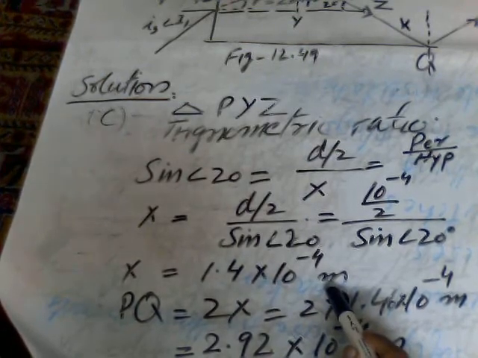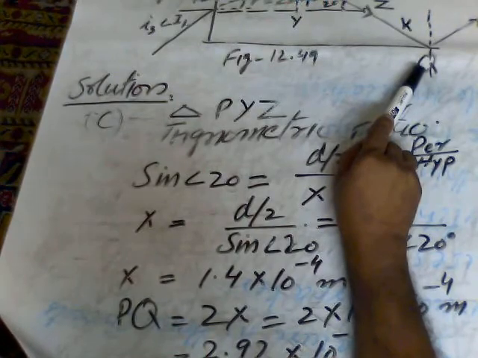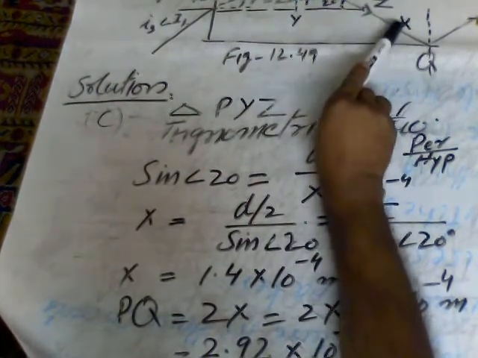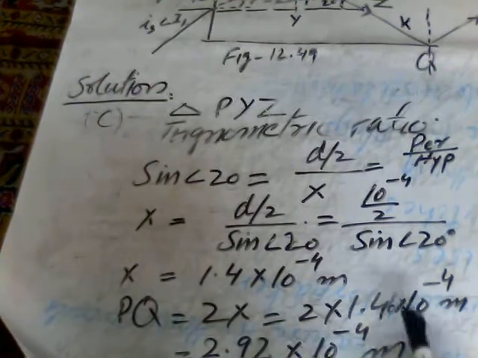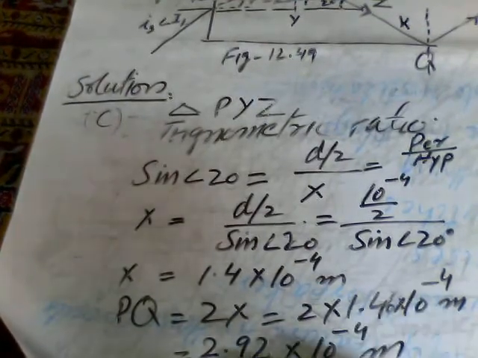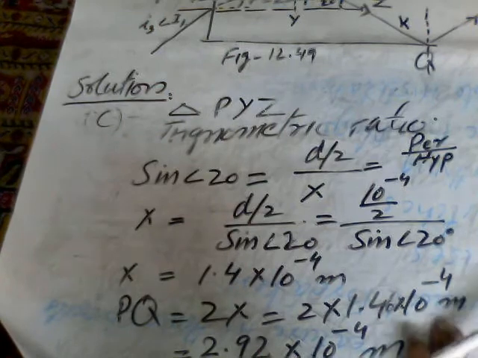Now PQ, P and Q, is 2 times x. So 2 multiplied by x, and we will get 2.92 into 10 raised to power minus 4 meters.